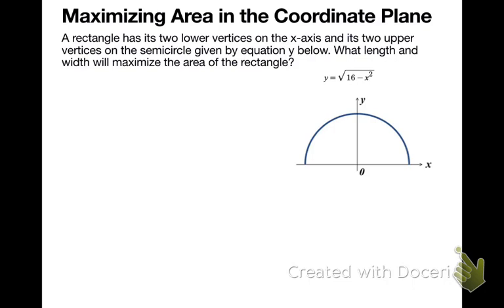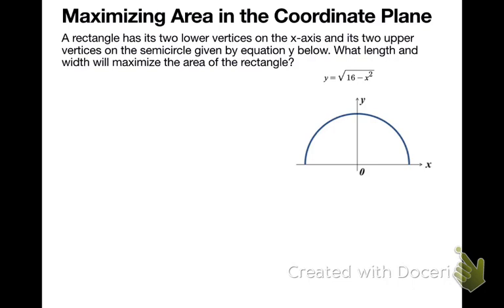Now sometimes, especially if we're preparing for an AP exam, perhaps, we may be asked to maximize area not so much with context to it, but rather on the coordinate plane using coordinates, like we're going to finish our lesson with here. So a rectangle has its two lower vertices on the x-axis and its two upper vertices on the semicircle given by the equation y below.